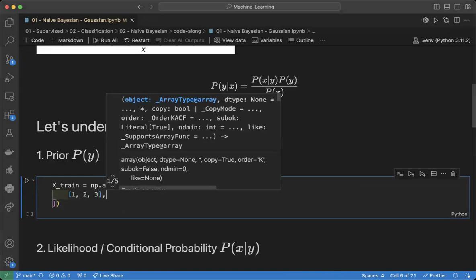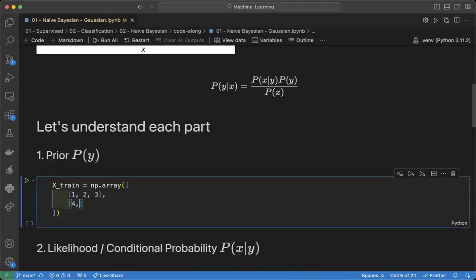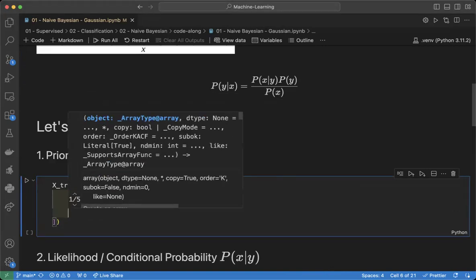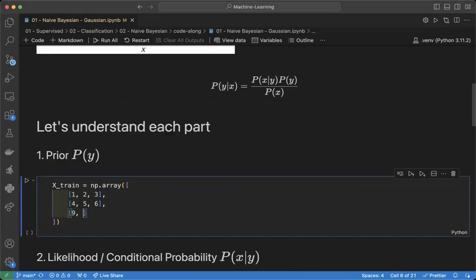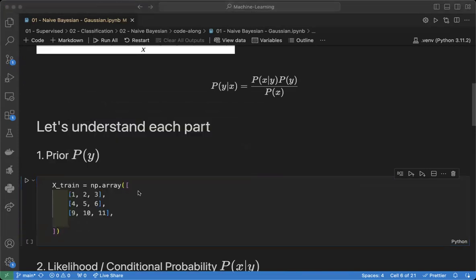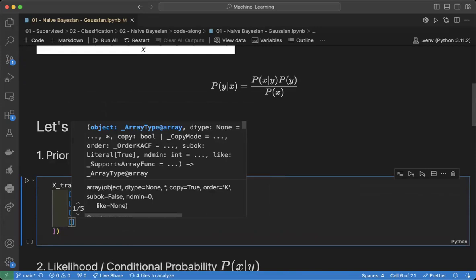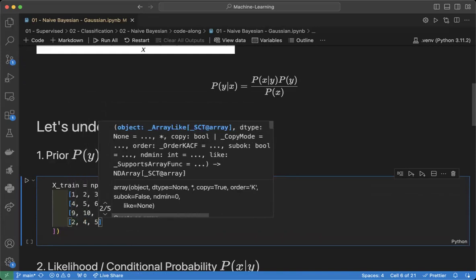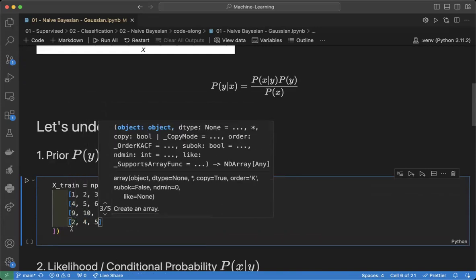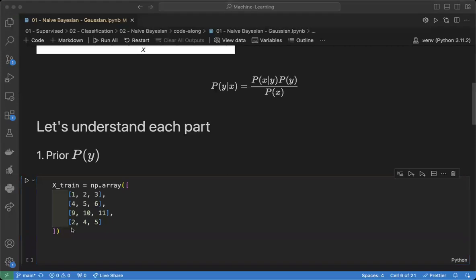Let's say this is my first sample, my second sample, my third sample. All right, and here's my X test.